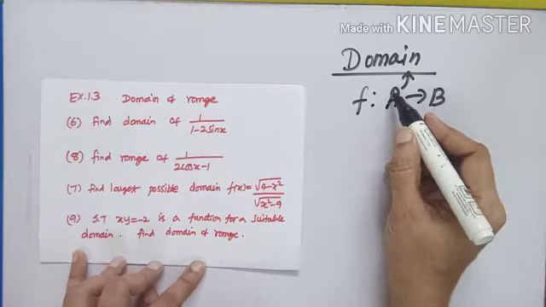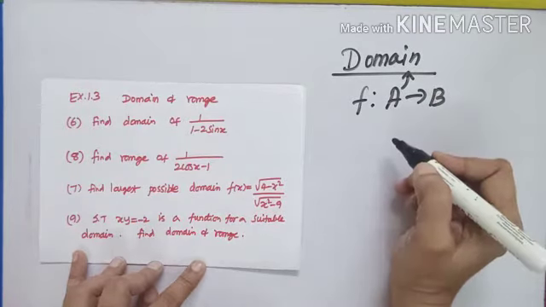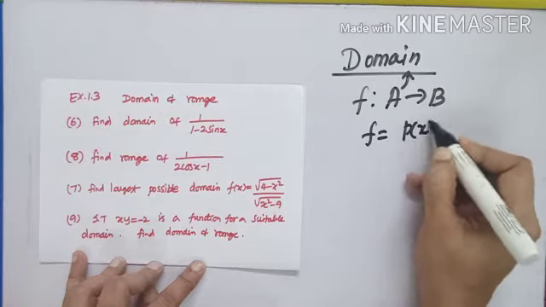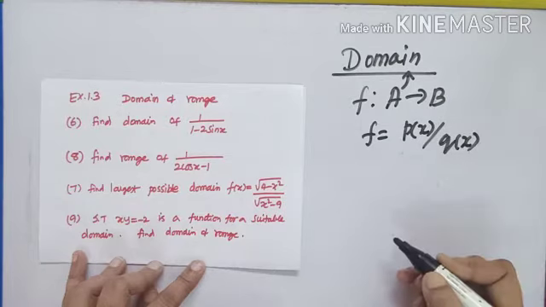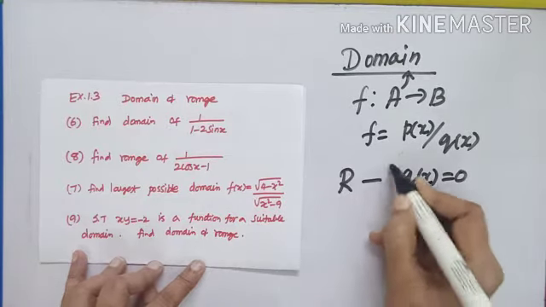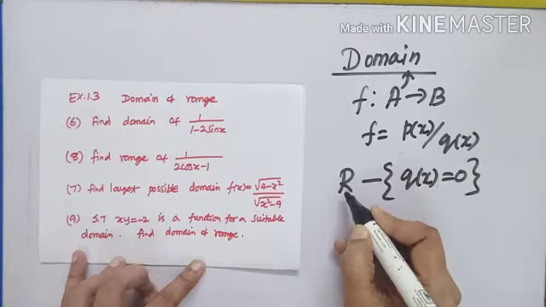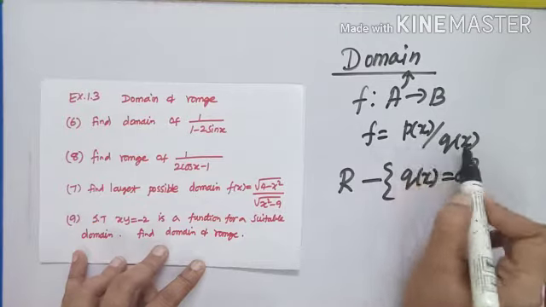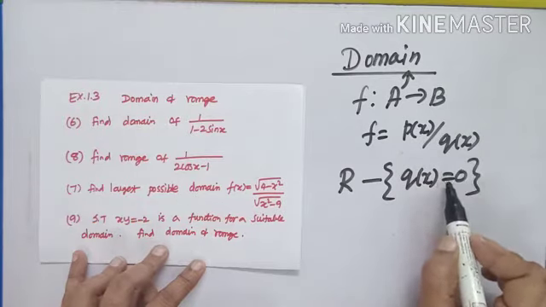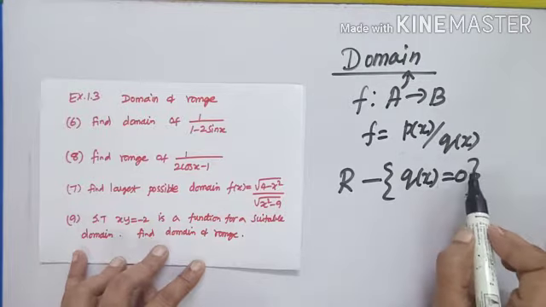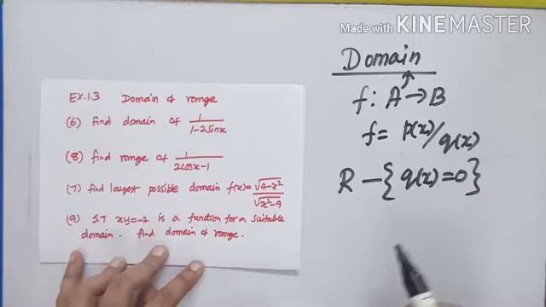What will be the conditions for this? Suppose I have F as P of X by Q of X. Wherever Q of X is 0, eliminate it from R. R stands for real numbers. So whenever you have a fraction, put the denominator 0, and we know in mathematics 0 is not allowed in the denominator.